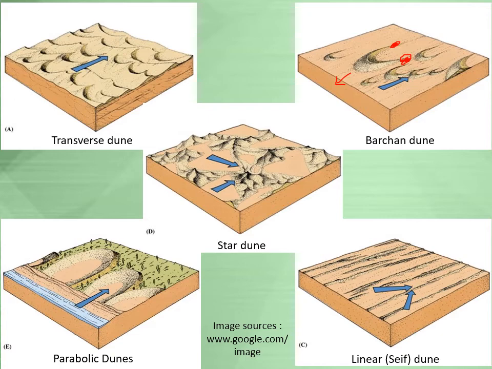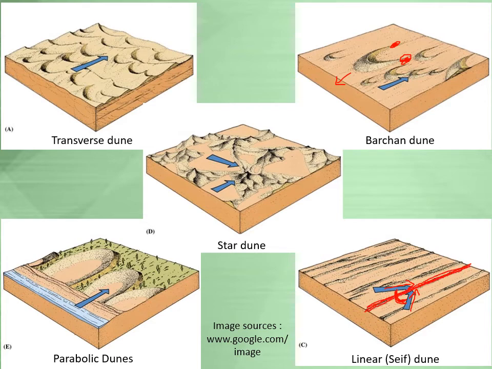Firstly, when the flow direction is from two sides and the angle between this flow is almost 10 to 15 degree, then with coalescence of these two flows, they form a long ridged dune field. So these two flows collide with each other and form a linear ridge.